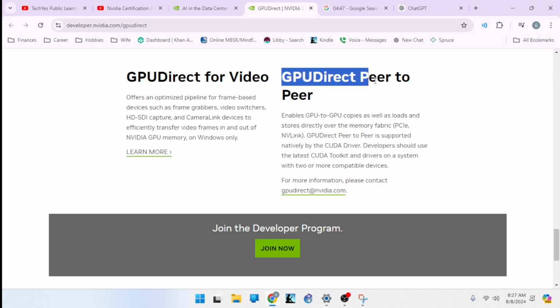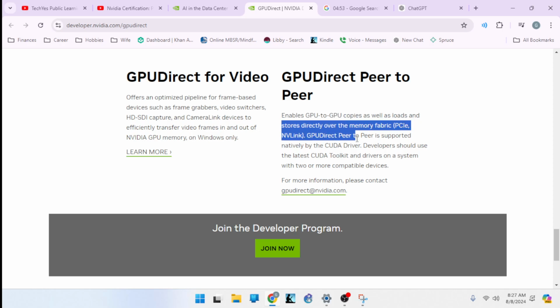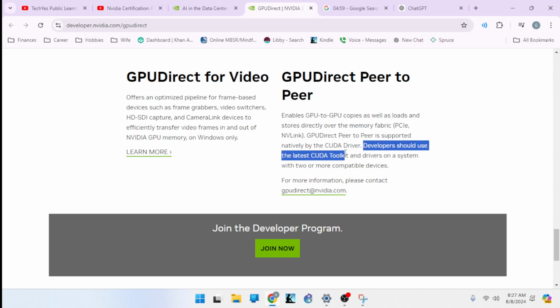And then finally, GPU direct peer-to-peer enables GPU to GPU copies as well as loads and stores directly over the memory fabric, PCIe, NVLink. GPU direct peer-to-peer is supported natively by the CUDA driver. Developers should use the latest CUDA toolkit and drivers on a system with 2 or more compatible devices. Perfect.